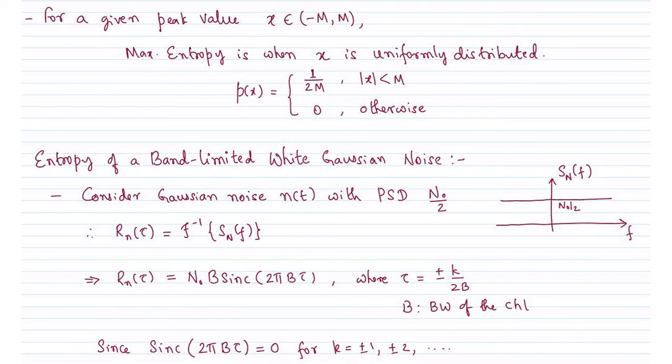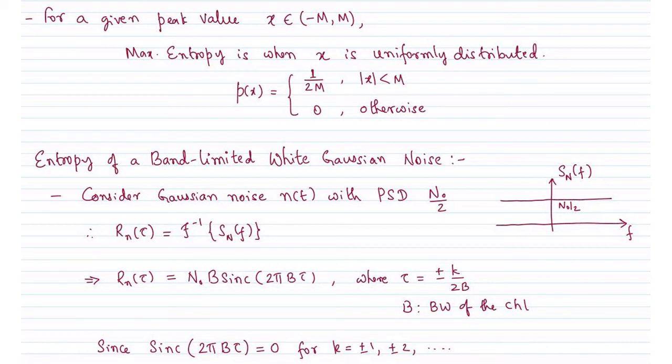Since sinc of 2 pi B tau is 0 for k equal to plus or minus 1, plus or minus 2, and so on, for all integer values the sinc function crosses the x-axis with amplitude 0.